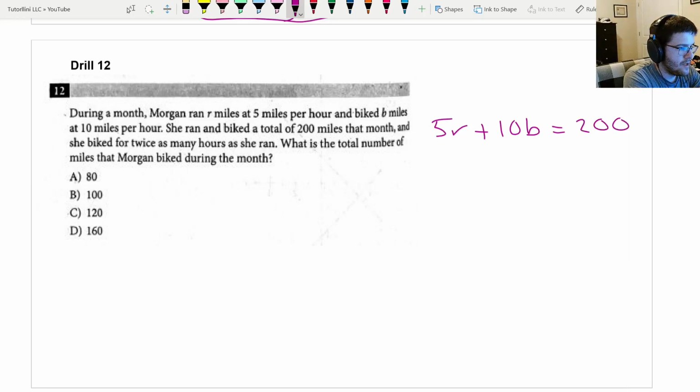And now she biked for twice as many hours as she ran. Okay, I got to write down D equals RT, make sure I'm not doing this wrong.